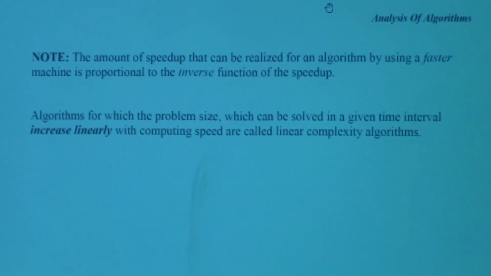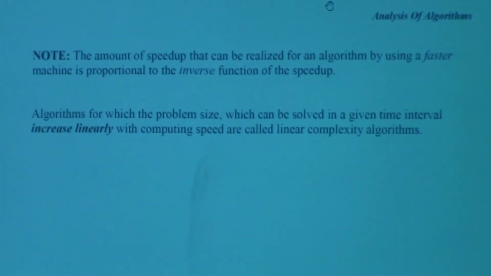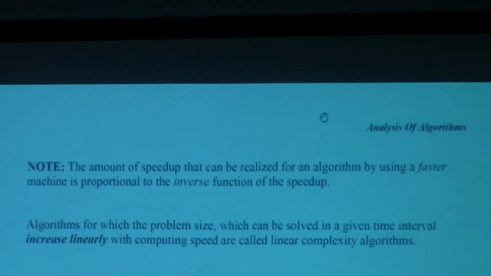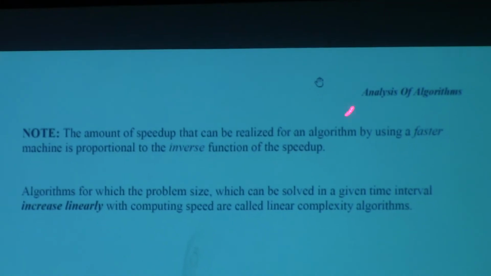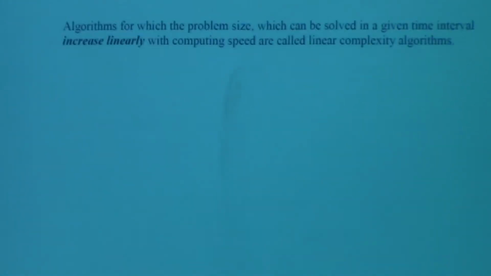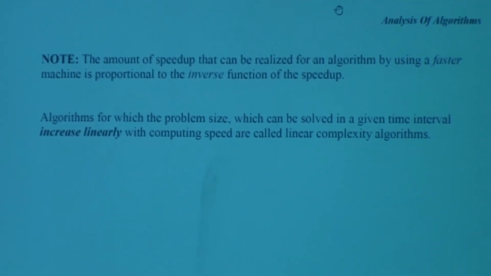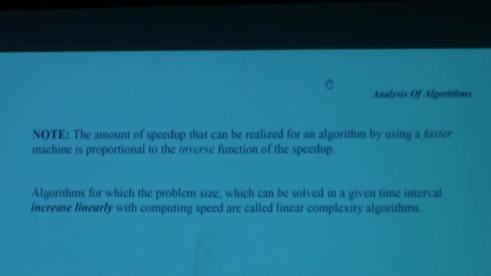So if the algorithm has a complexity of lg n, and the speed up is 8, then it's going to be 2 to the power of 8, 256 speed up. If the speed up is 16, 2 to the 16th power. What's 2 to the 16th power? That's 2 to the 10th times 2 to the 6th, which is 64K, 64,000. All right, so you get the idea of that.